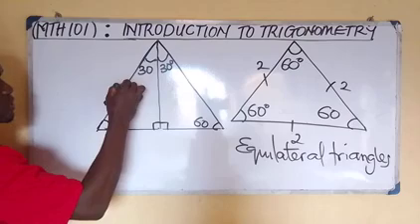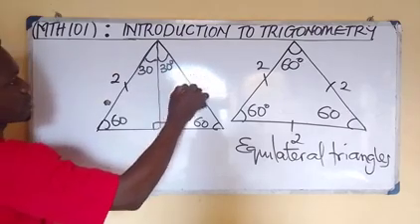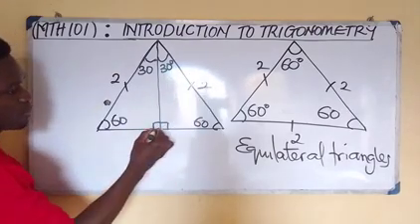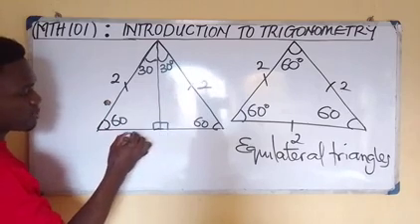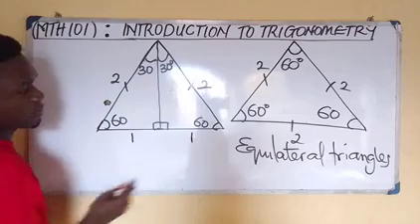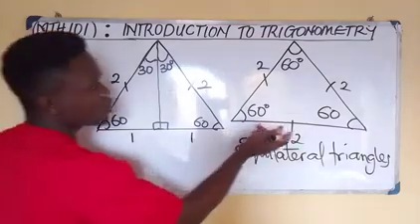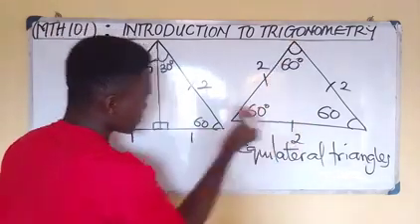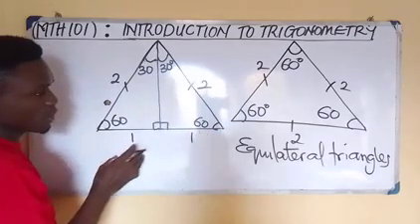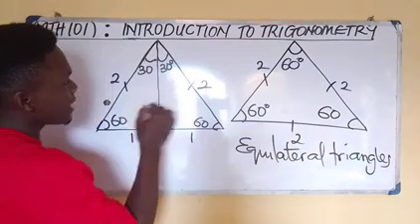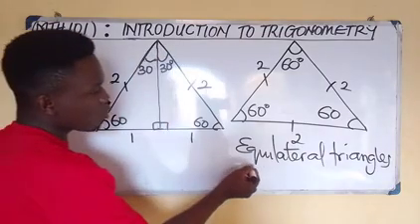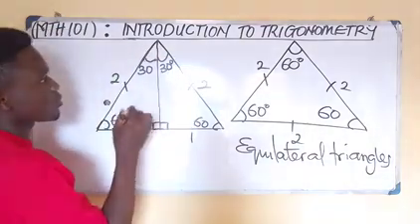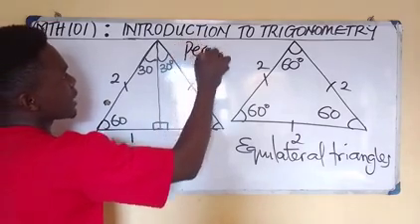90. Alright, so this place becomes 2, you still have it as 2, but because this line has divided it, this place becomes 1, 1. Because this place was 2, right, but the line has divided it, so this becomes 1 and 1.